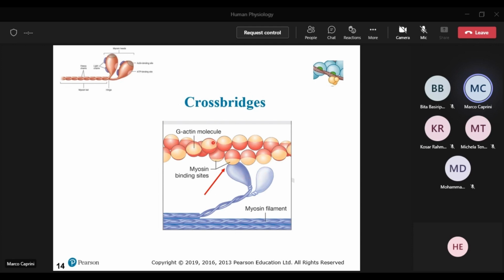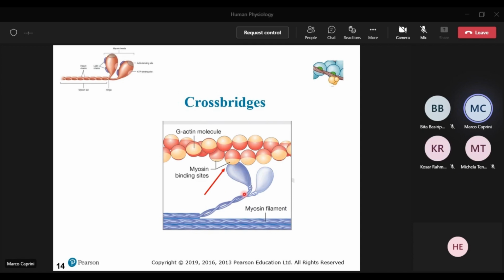Each filament here is arranged so that the myosin heads are in some way clustered together at each end of the filament. In the central region of the filament is a bundle of myosin tails. Imagine these myosin heads and tails all together, not just two, like in this slide, but a lot of myosin heads.